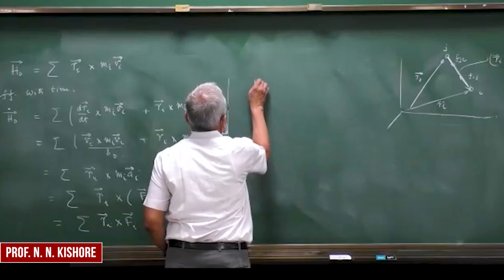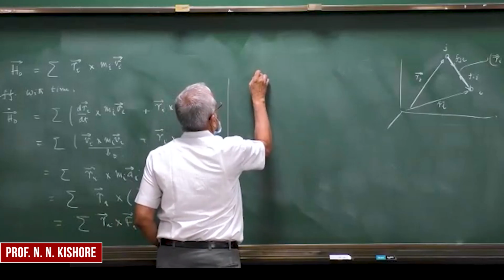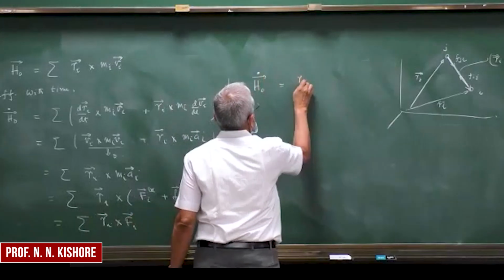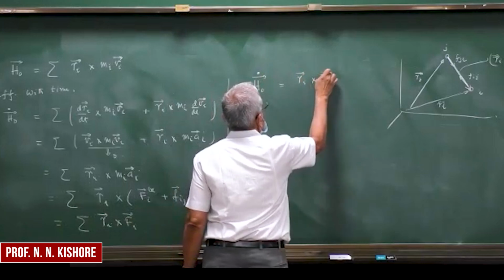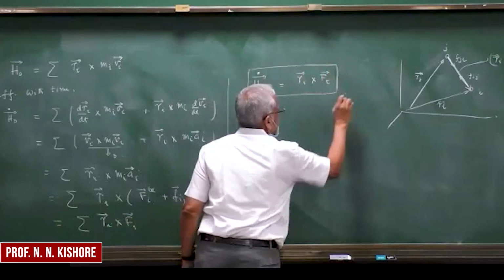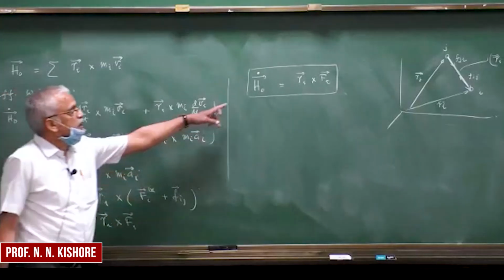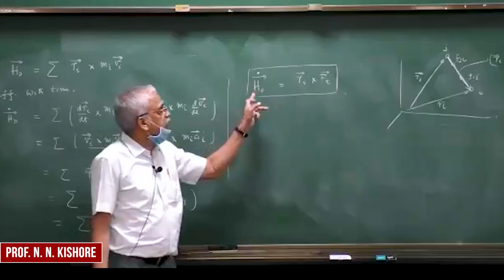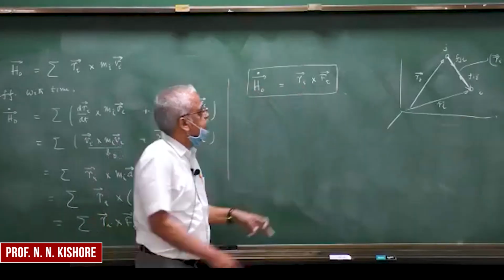This is one important equation which says that the time rate of change of angular momentum, which is taken about O, is equal to Ri cross Fi.